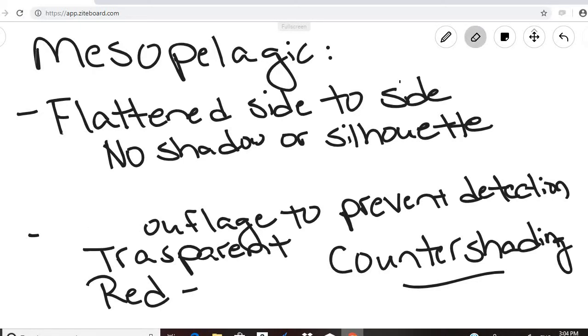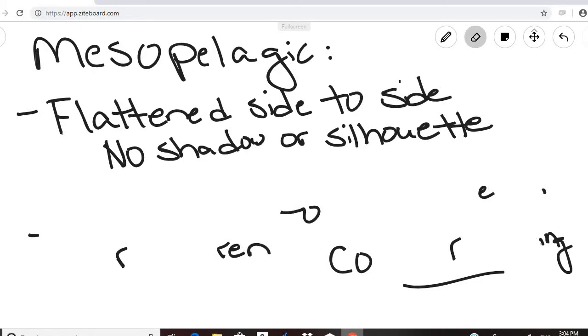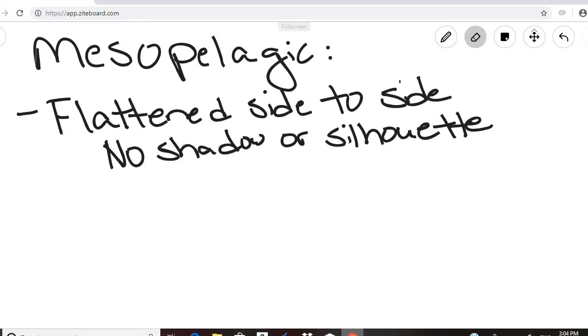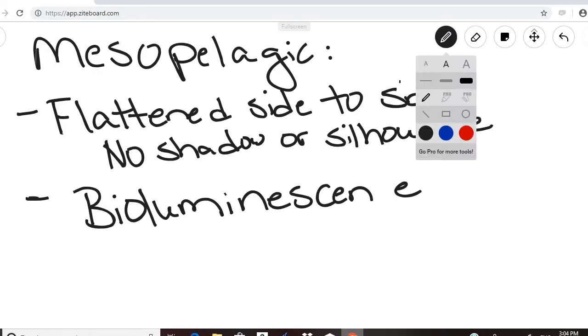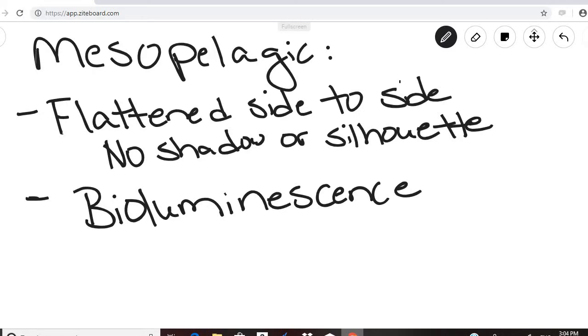And then the other thing that is common of many organisms in the mesopelagic area is that they do use bioluminescence.